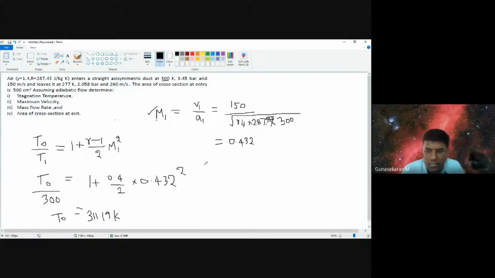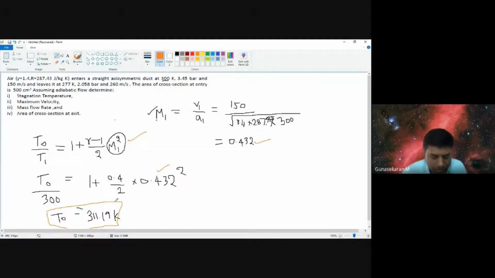Then this entry Mach number we substitute in the formula in place of M1. We take this value, substitute it, and the temperature coming out, that means the stagnation temperature, is 311.19 Kelvin.